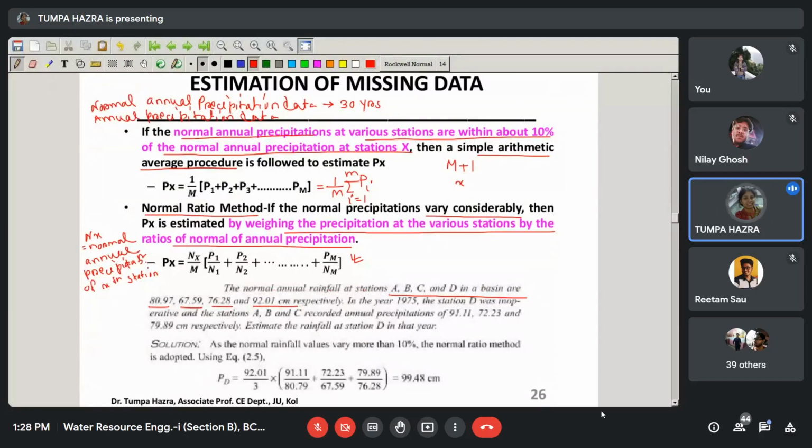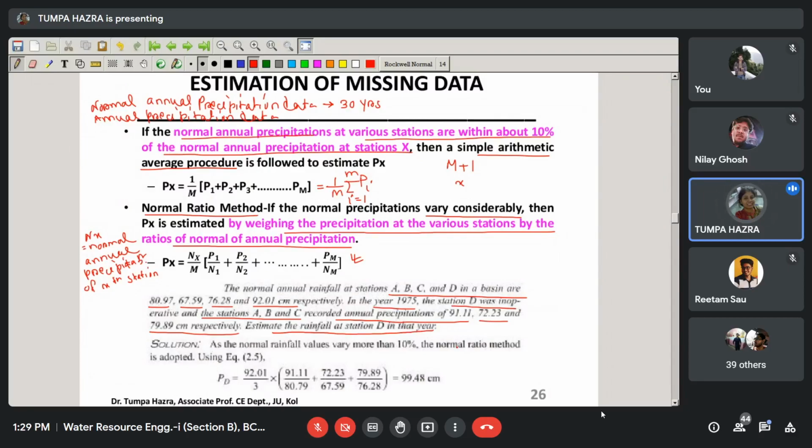In the year 1975, station D was inoperative and stations A, B, C recorded the annual precipitation of 91.11, 72.23 and 79.89 centimeter respectively. Now you have to estimate the rainfall at station D for the year 1975.